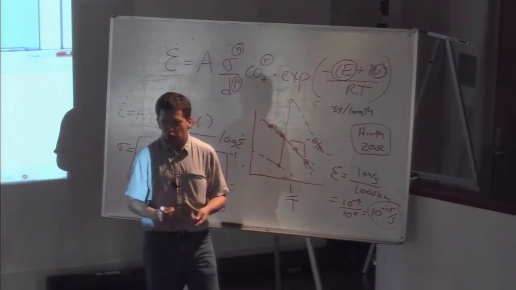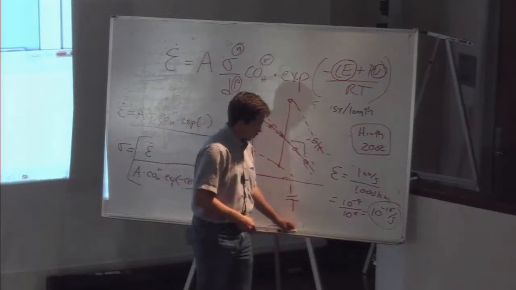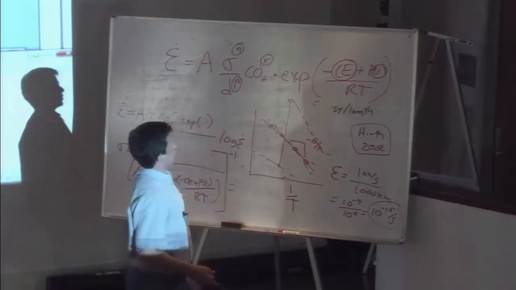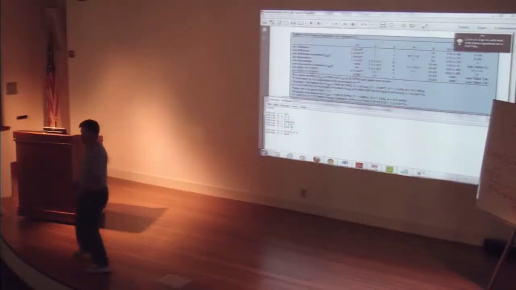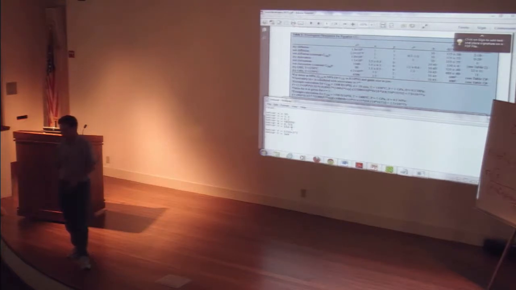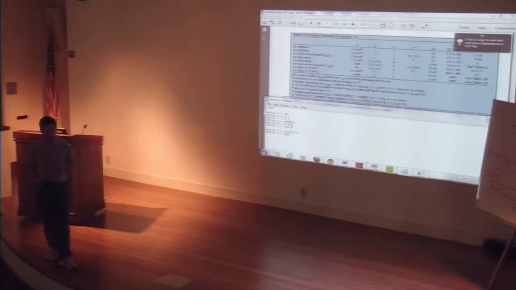To give you another good number to keep in your back pocket, 1% strain in the age of the Earth is essentially not deforming, and that's around 10 to the minus 18 per second. So if your strain rate is less than 10 to the minus 18, then that's basically not deforming. And then, what's the fastest strain rate you can envision? Strain rates in shear zones, maybe the fastest ones are something like 10 to the minus 9 per second.